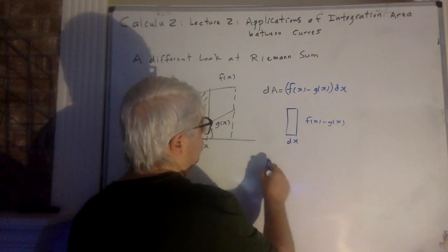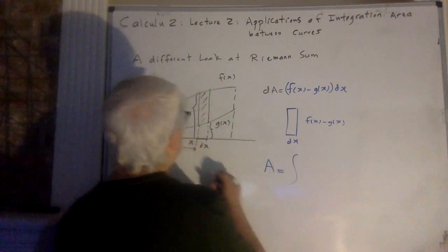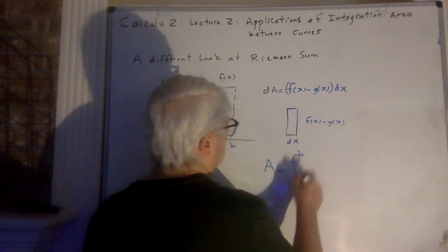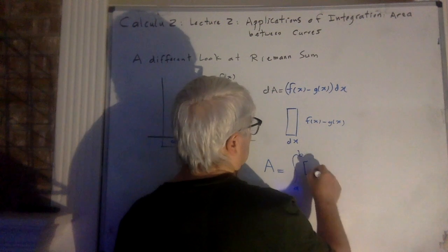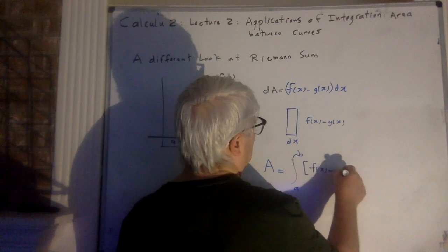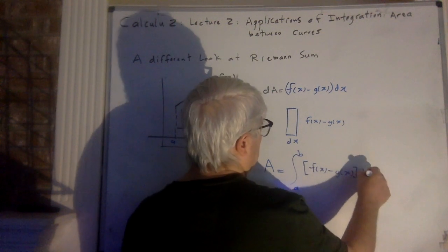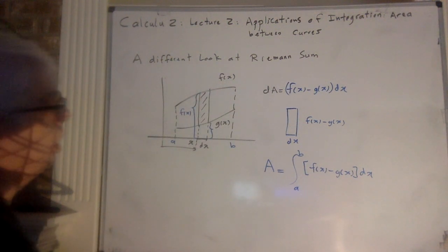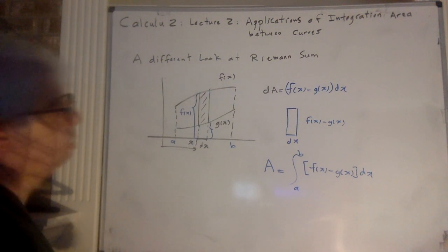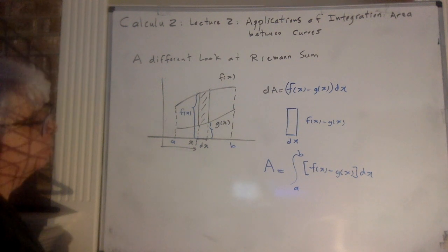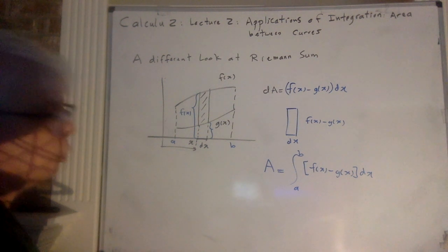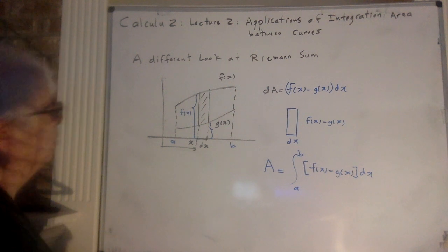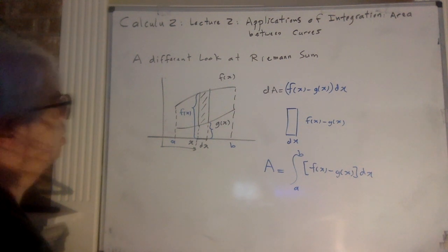So area between the two curves will be from, say, a to b again, the integral of f(x) minus g(x) dx. One can say it is the top one minus the lower one, or the outside one minus the inside one, dx.